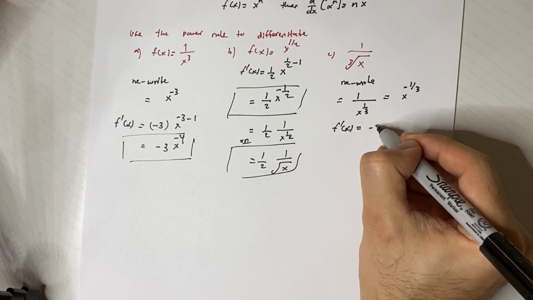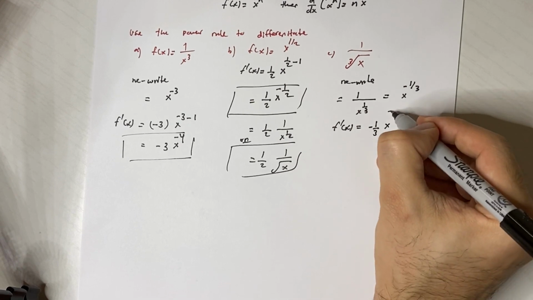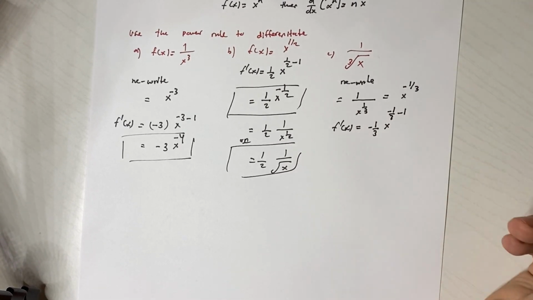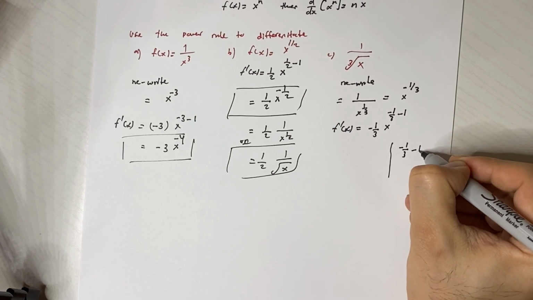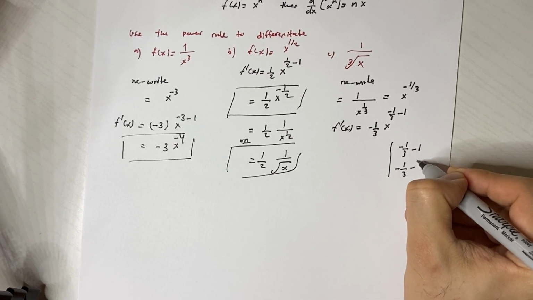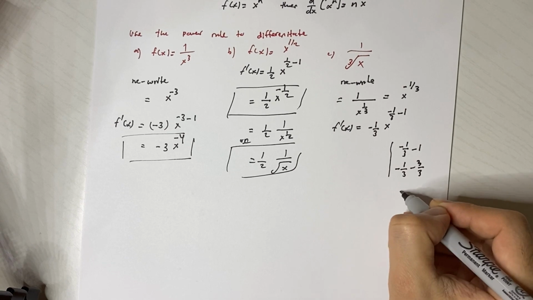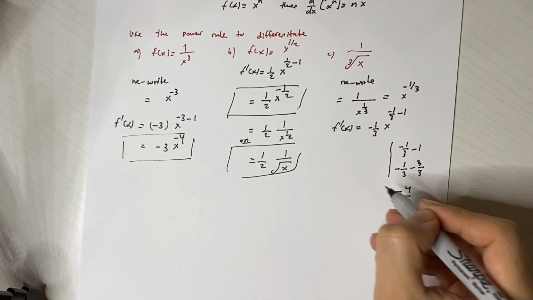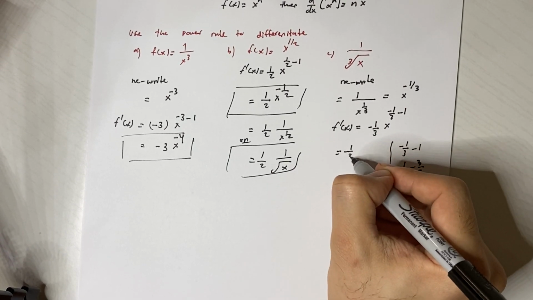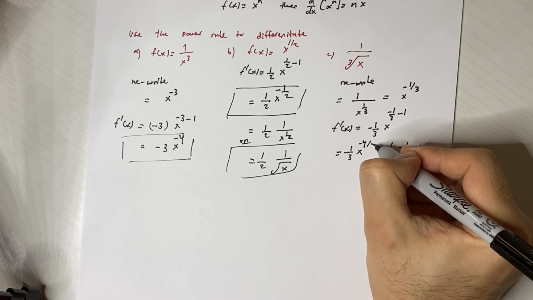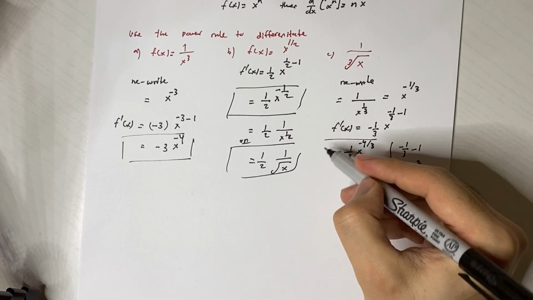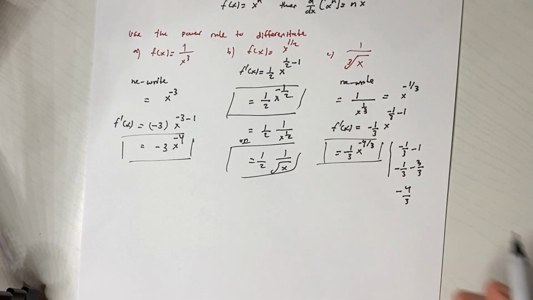So negative 1 over 3 will come down, and then it will be subtracted by 1. That should be our answer.